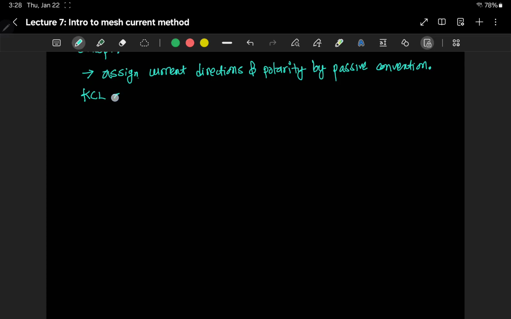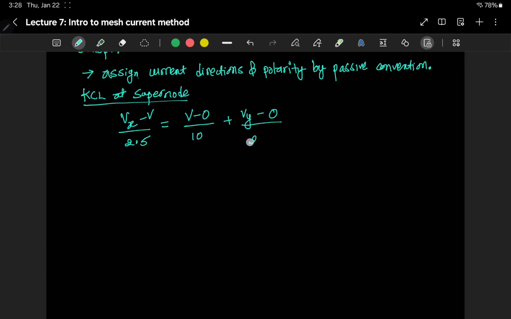So we write KCL in terms of voltage. That was the second step, right? Supernode, KCL at supernode. So Vx minus V divided by 2.5, that is the only incoming current, is V minus 0 divided by 10 plus Vy minus 0 divided by 2.5 plus Vy minus 12 volts divided by 1.